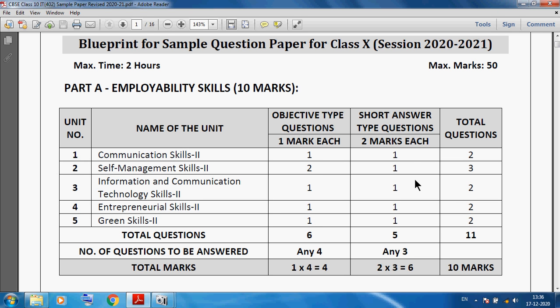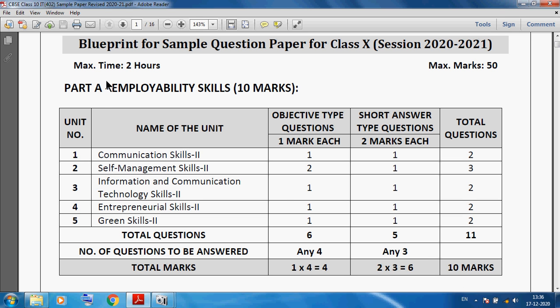So we have 2 marks. In green skills, 1 objective type question and 1 short type, total 2. So you can see total 11 questions will be asked. Overall there are 4 MCQ questions and 6 short questions of 2 marks, so total 10 marks.